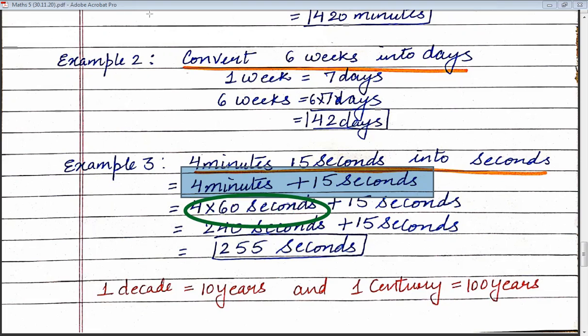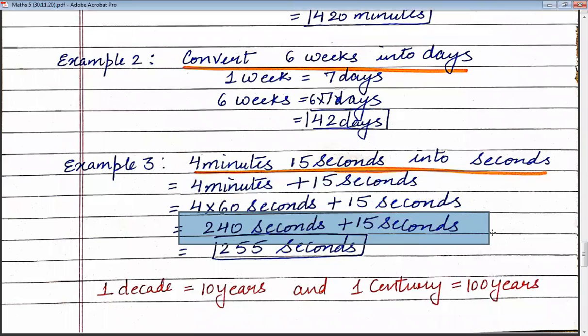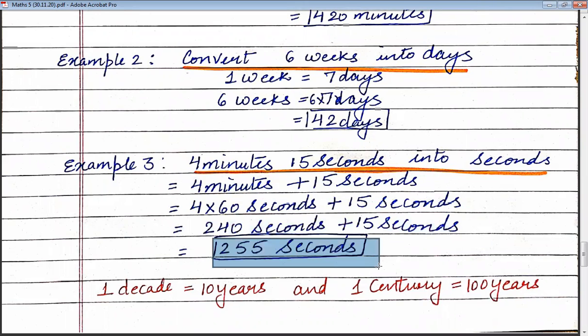So 4 into 60 is 240 seconds, and you have to add now 15 seconds. So after adding, your final answer is 255 seconds. Okay, children, is it clear to everyone?